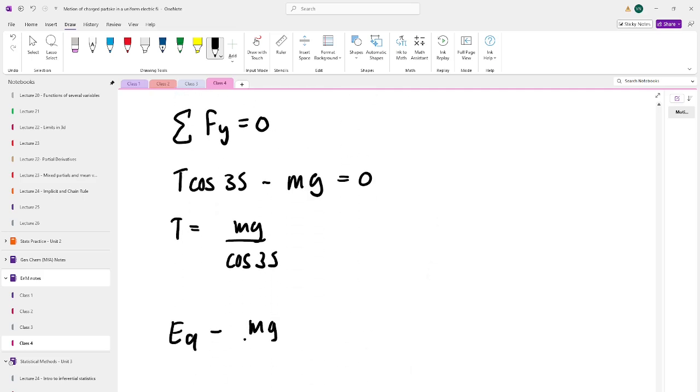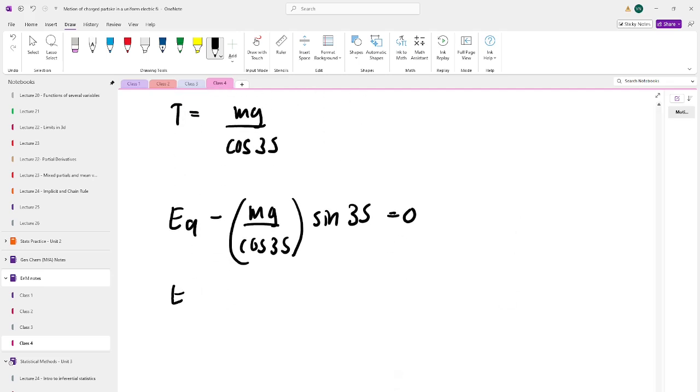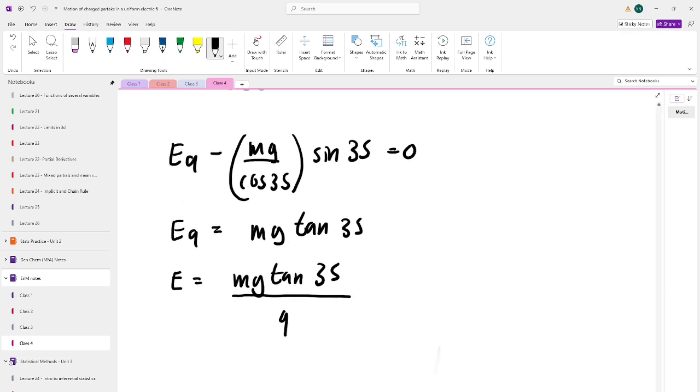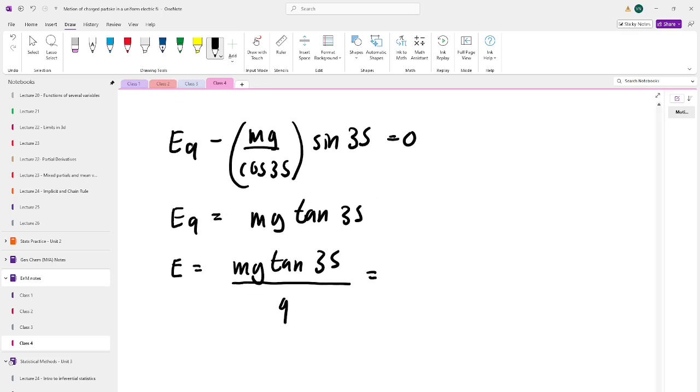So I replace T. So I can rewrite this a little bit so that it's nicer. mg tan of 35. And then I could simply solve for E. mg tan of 35 divided by Q equals E. And there we go.